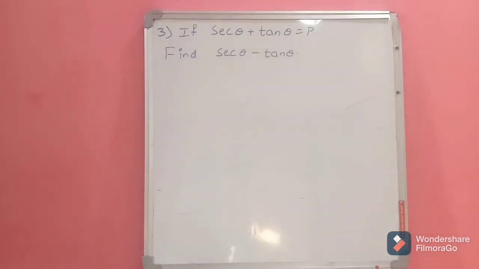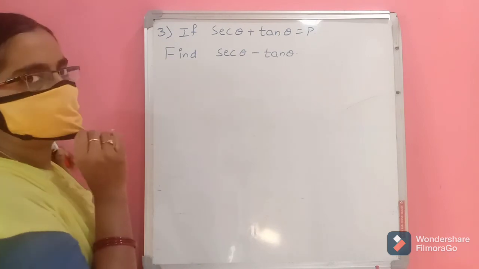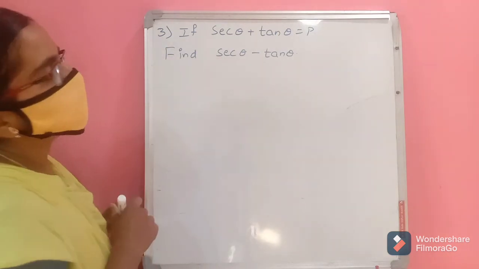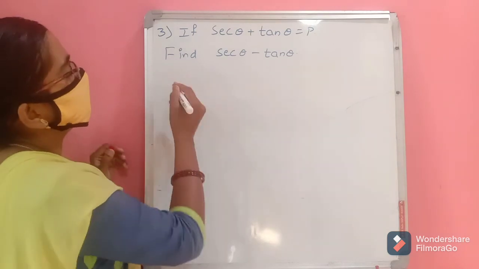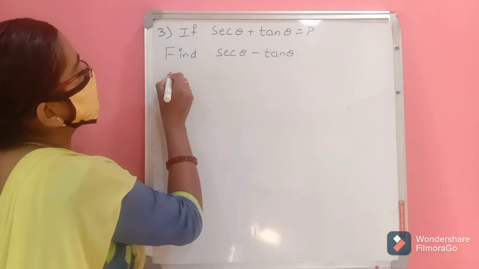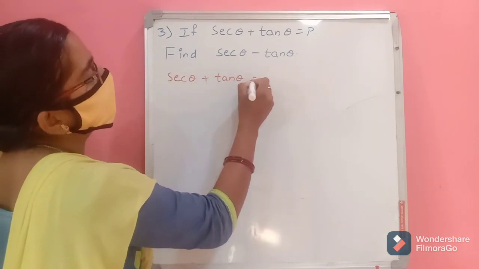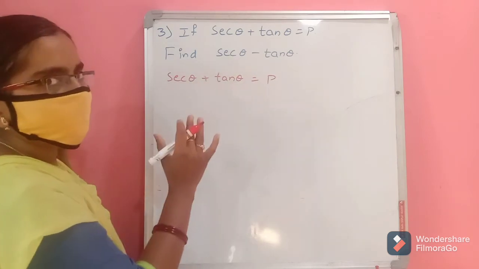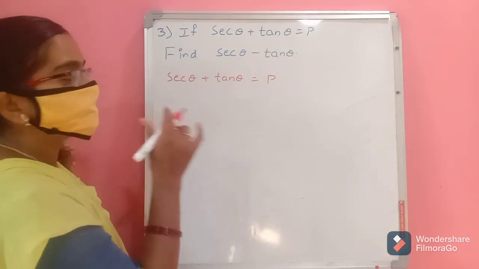Here we have one more example. If sec theta plus tan theta is equal to p, then find sec theta minus tan theta. This is a very important question that we get in many competitive exams. So sec theta plus tan theta is equal to p. On both sides, LHS and RHS, I am multiplying with sec theta minus tan theta.